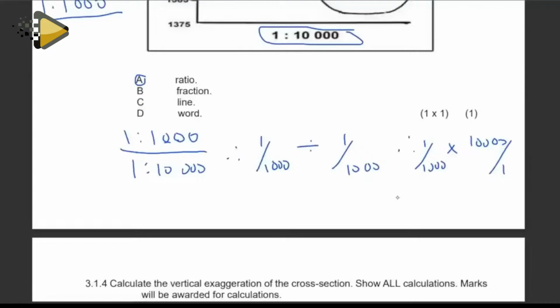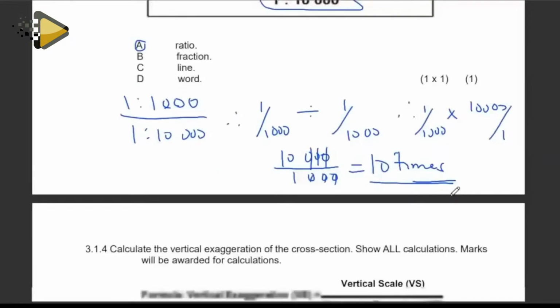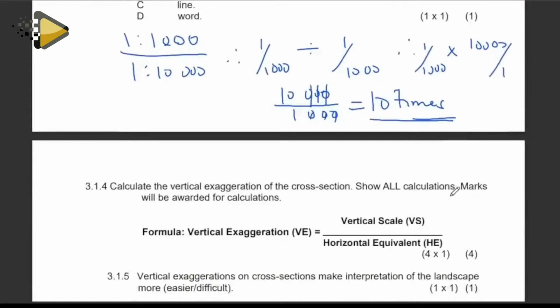So it's now 1/1000 times 10,000 over 1, which is the same as 1 times 10,000, giving us 10,000, divided by 1,000 times 1, which remains 1,000. So we are cancelling the zeros. We remain with 10. So our answer for vertical exaggeration is 10 times, which means our vertical scale has been stretched 10 times so that we can easily see some features on the cross section.